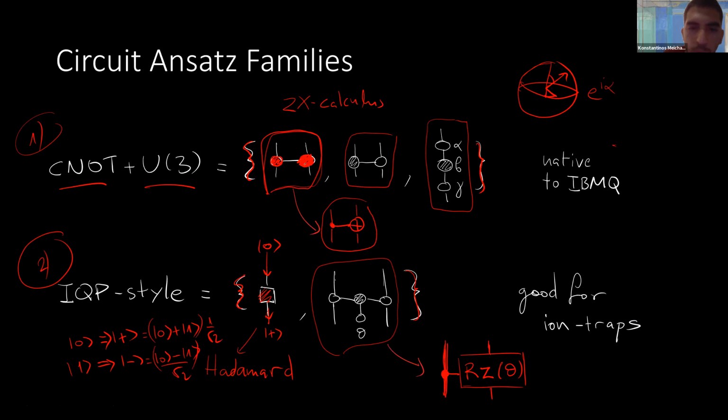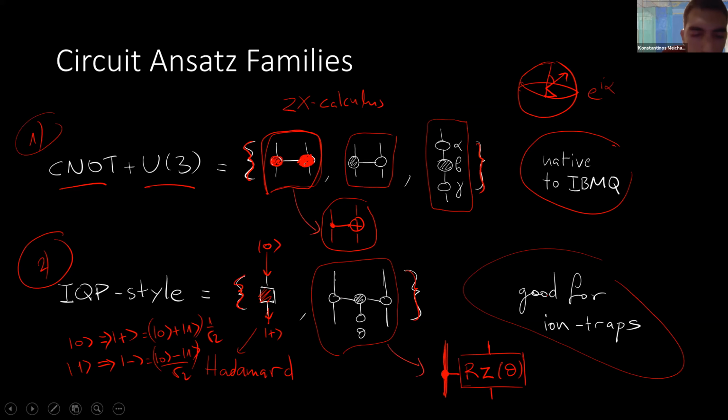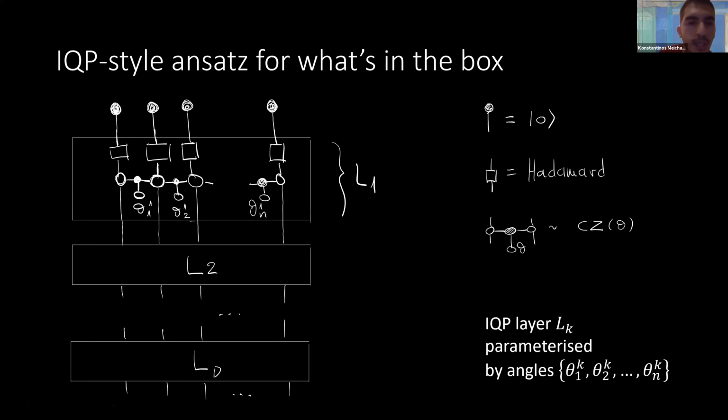So it's good to construct the circuits, the processes that prepare your states, in terms of the gates that are native to the device that you might want to use. So this is good for IBM. In general, ion traps are good for Z rotations, controlled Z rotations, and so on.